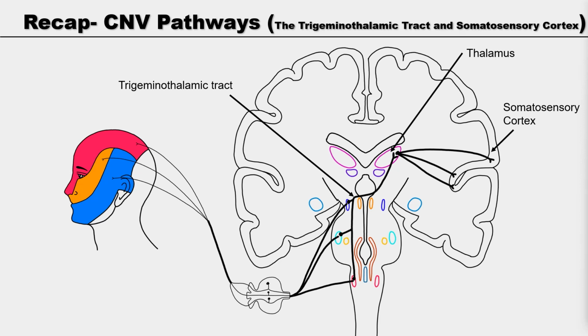But please remember that as soon as that second order neuron is synapsed, it crosses the midline straight away and enters the contralateral trigeminothalamic tract. From the thalamus, the neuron is projected onto the somatosensory cortex, the post-central gyrus.